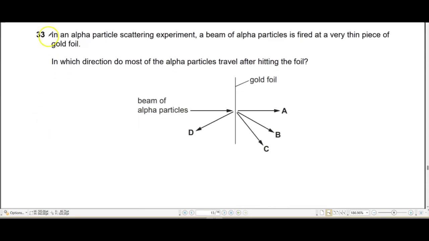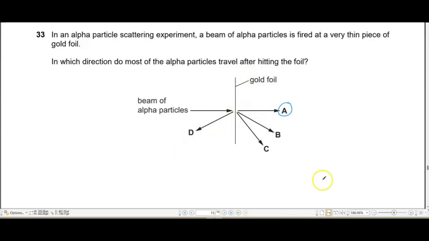Okay. Question number 33. In an alpha particle scattering experiment, a beam of alpha particles is fired at a very thin piece of gold foil. In which direction do most of the particles travel after hitting the foil? Most of the particles are going to pass through undeviated. So A is going to be our answer, and the reason for it is that most of the atom is empty space.